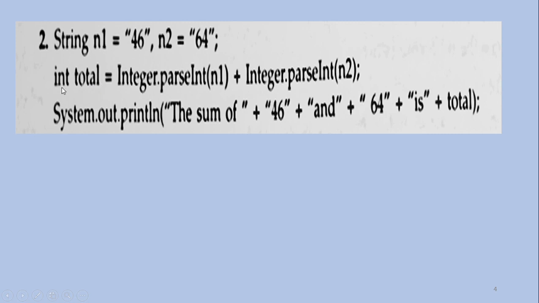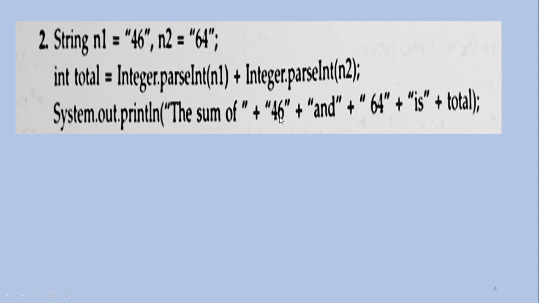Now you have found the total. But what is the question asking you to do? The question is asking you to write something in your output statement. System.out.println("the sum of"...). Since this is in double quotes, you have to write this as such. Clear? Then plus. So here it is a concatenation operator, and very soon after this double quotes, the next double quotes has begun without a space.